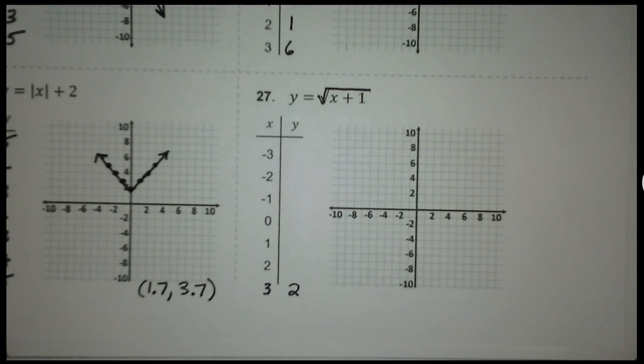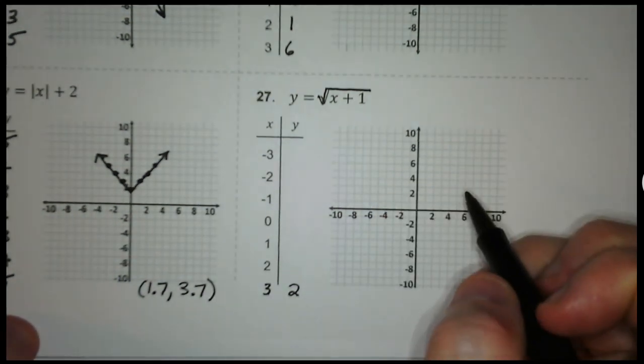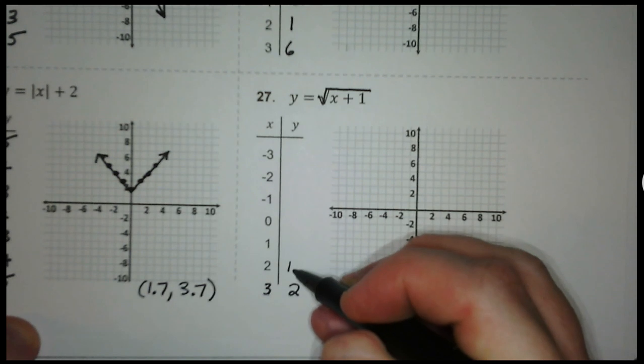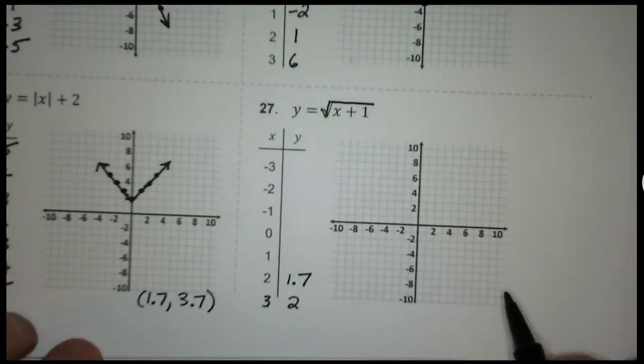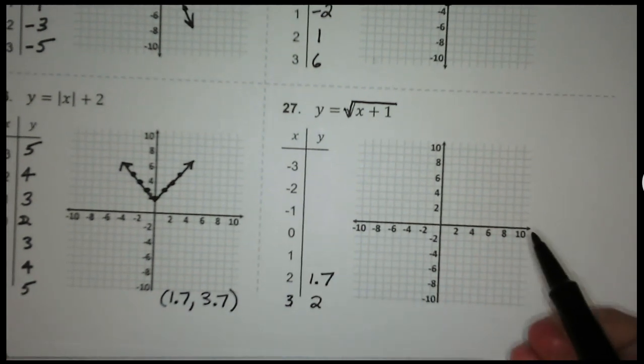When you throw a 2 in there, I think I know this answer, but I'm just going to double check. 2 plus 1 is 3. The square root of 3 is actually approximately 1.7. 1.7 times 1.7 is about 3.